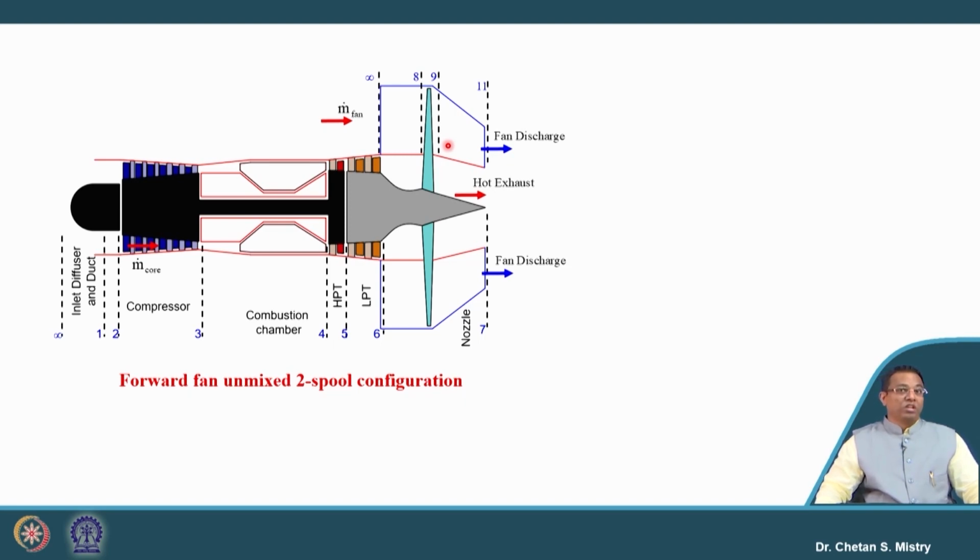If we look carefully, we have tried to remove the shaft of this spool. We are able to reduce the length required for this engine and the weight of this engine. So, you will say, what is this? Do we have this kind of configuration possible?